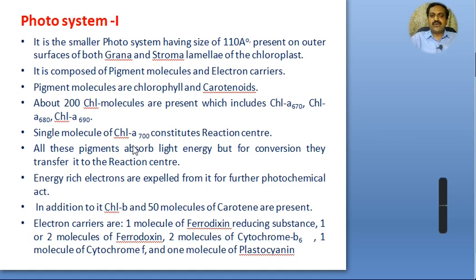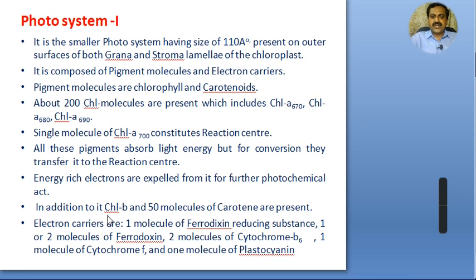In photosystem 1, chlorophyll a 700 acts as the reaction center. All these pigments absorb light energy, but the conversion is brought about only by the reaction center. Energy-rich electrons are expelled from it for further photochemical reaction.